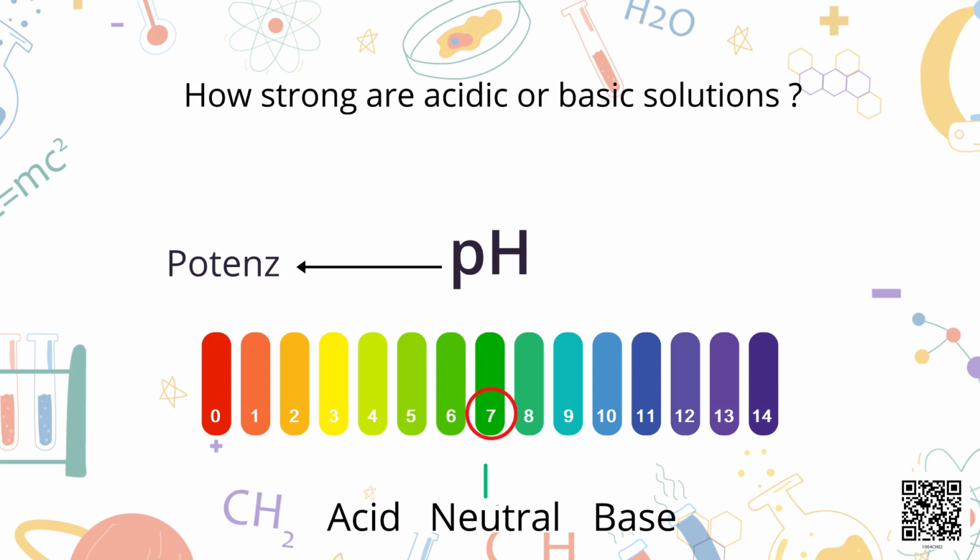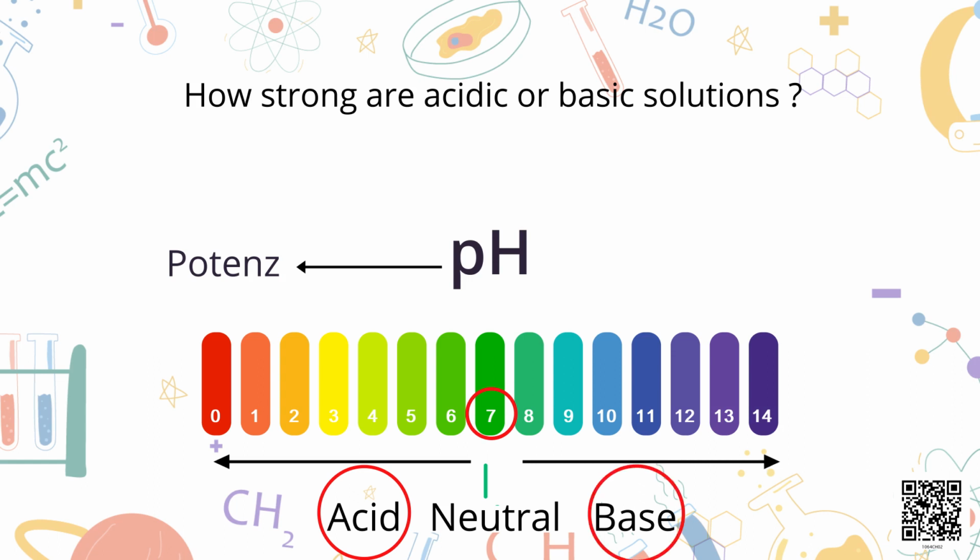If the pH value of a solution is less than 7, then it is acidic in nature, and if the pH value increases from 7 to 14, then it represents an increase in hydroxide ion concentration in the solution, which means basic character is increasing.